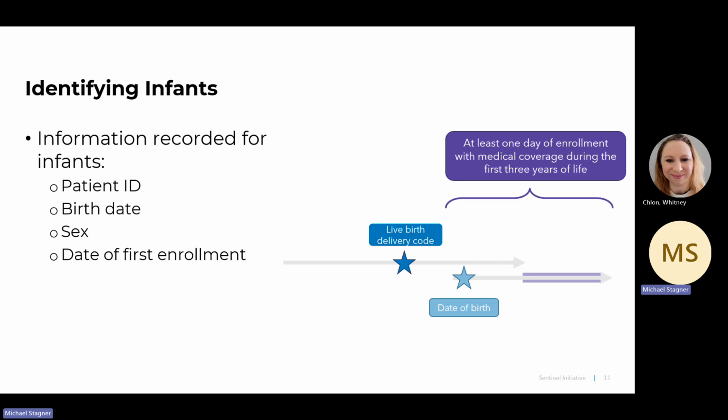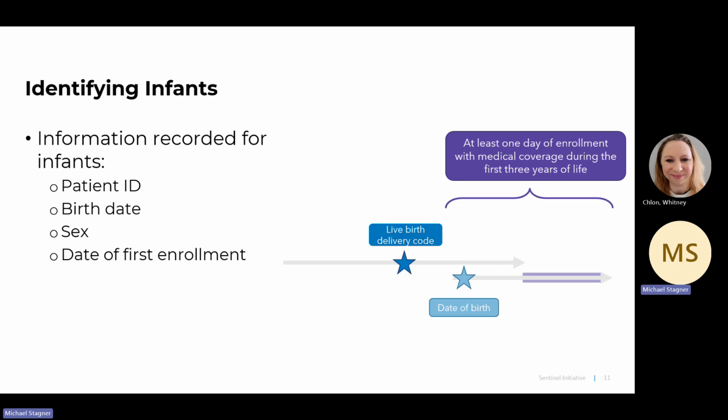It's possible that all the delivery information, for example, could be under the mother's patient ID, and then we wouldn't be able to sort of tease out that individual infant. But later on down the road, that infant gets their own ID within the system, then we'll be able to link them.